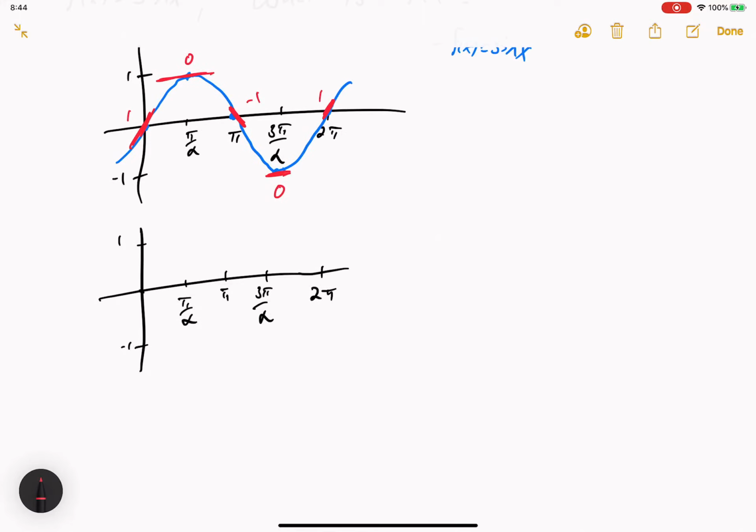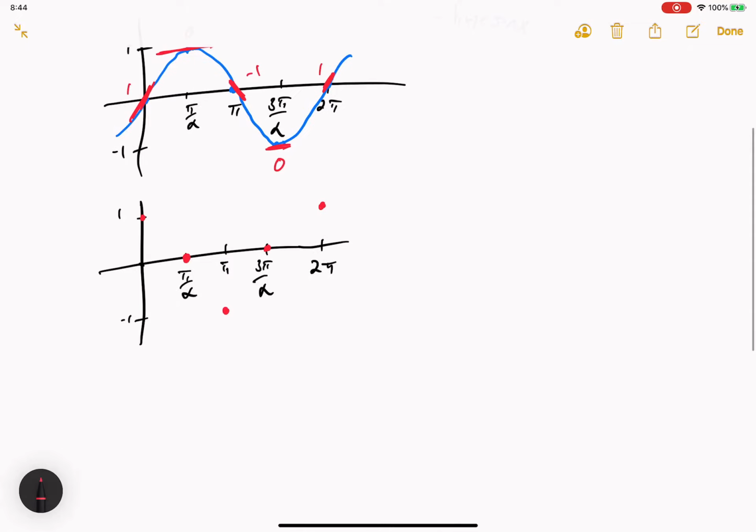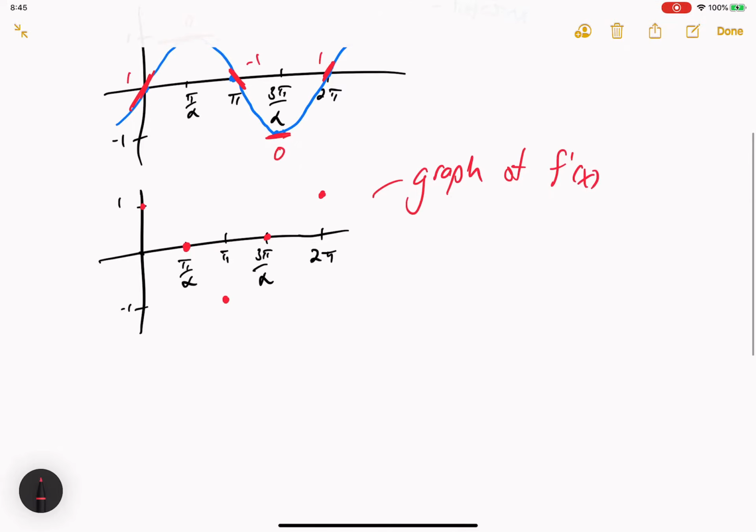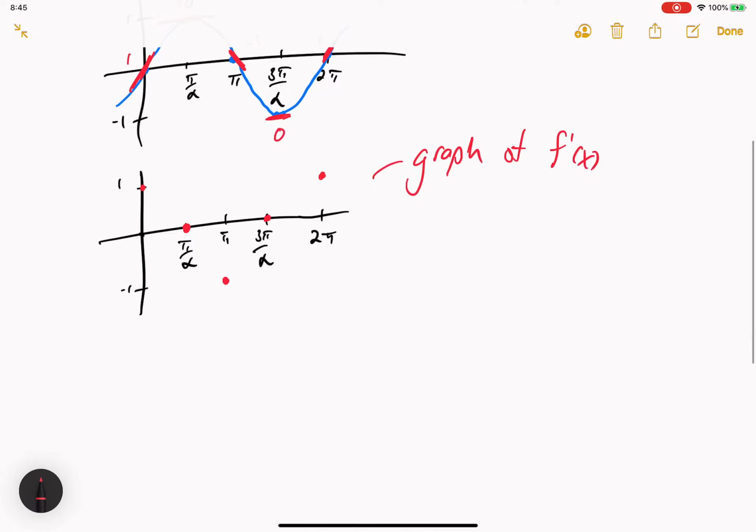At 0, we had a slope of 1. At pi over 2, a slope of 0. At pi, a slope of -1. At 3 pi over 2, a slope of 0. And at 2 pi, a slope of 1. So I'm going to connect the dots now. This is going to be a graph of f prime of x. Remember, it's not going to be perfect, but this is just to get at the idea.